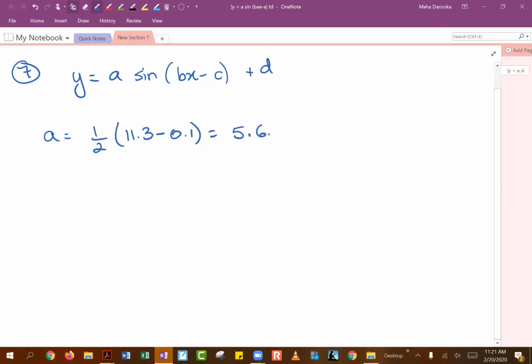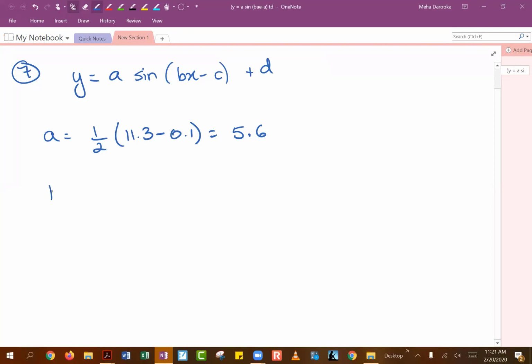Okay. Now, how do we come up with the B value? The same as the last example, because your period still hasn't changed, right? It's still going to be the same period.